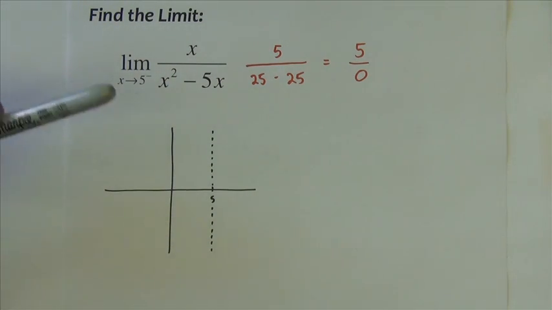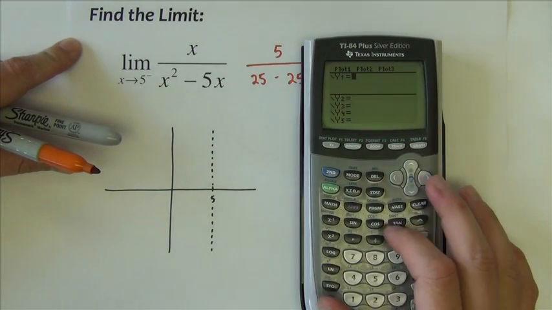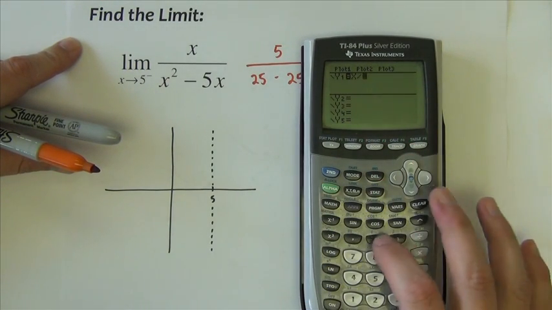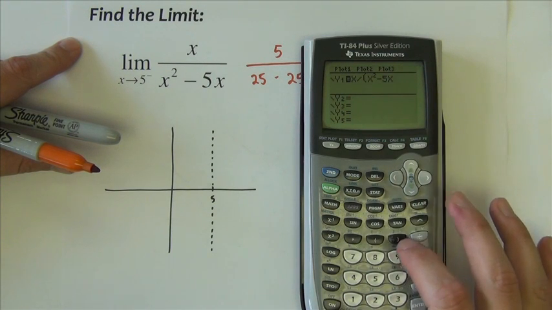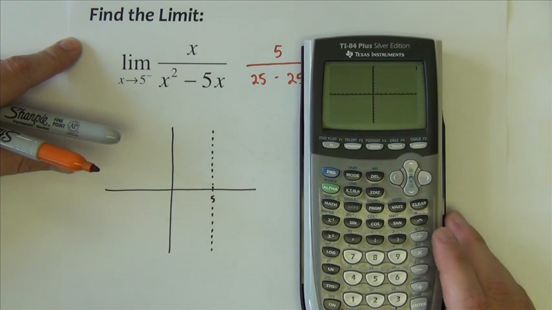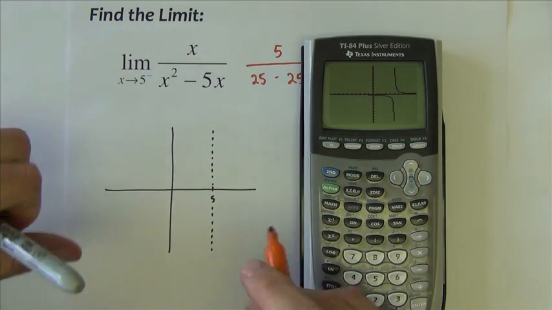Okay, let's use the graphing calculator to help with this. We've got x divided by x squared minus 5x. Okay, that will get the job done right there.